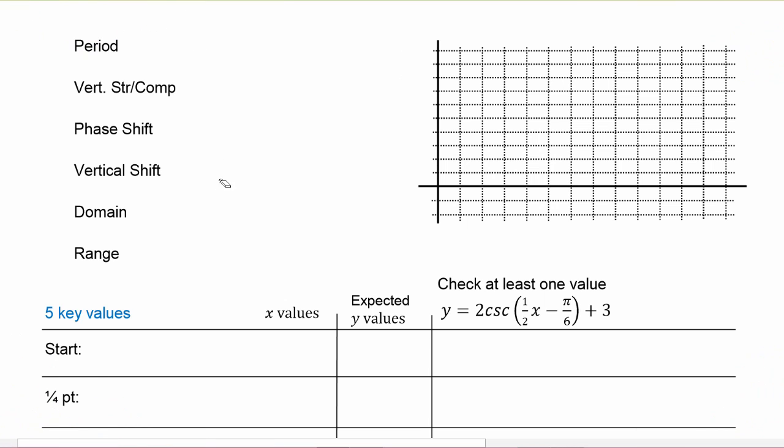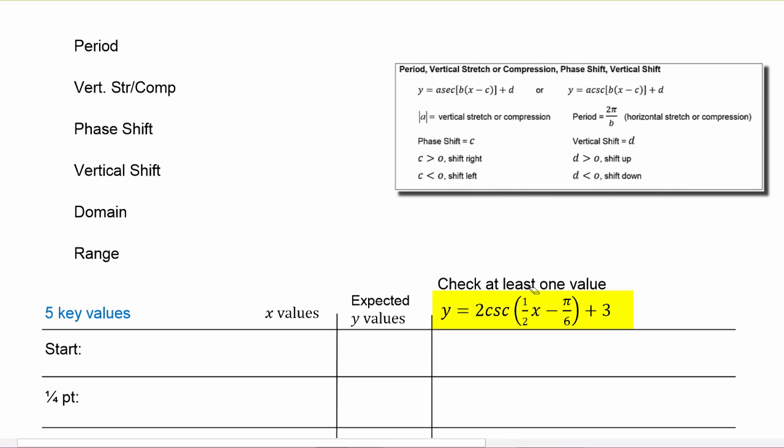We can now find all these attributes of the graph, but first we need to take the equation and put it into the standard form. So this will become 2 times the cosecant. We have to factor out that 1/2, which means multiply everything on the inside times 2.